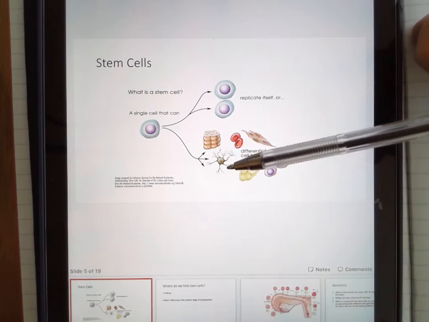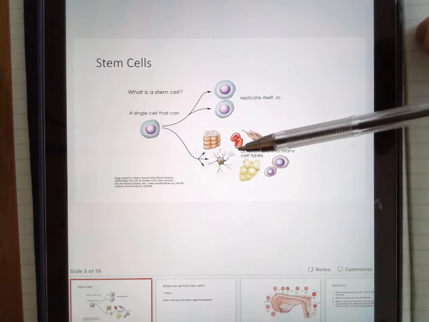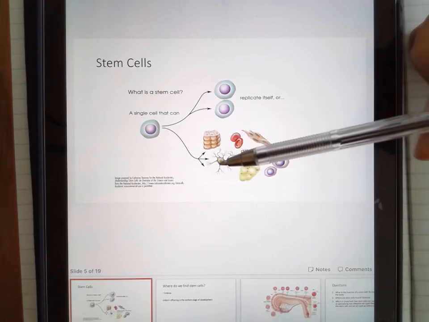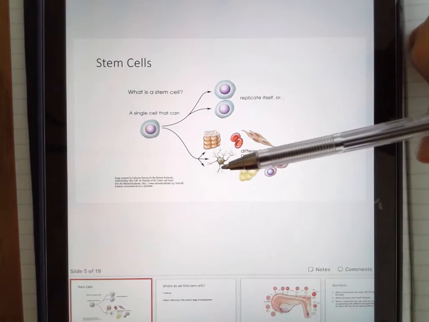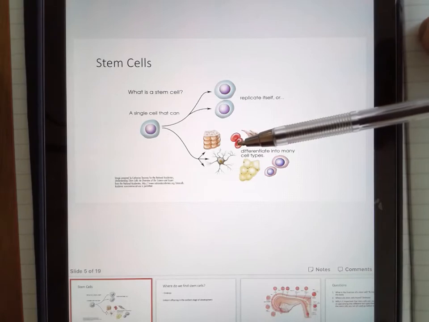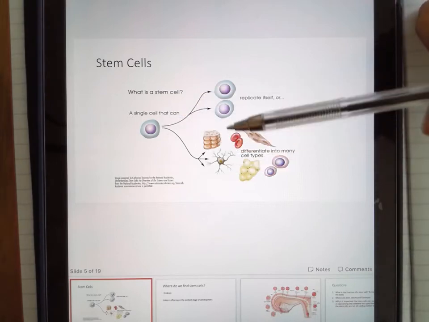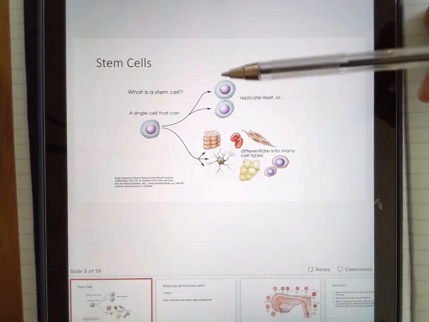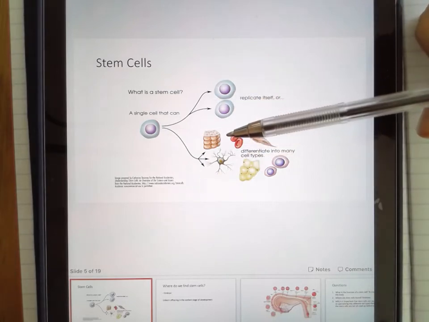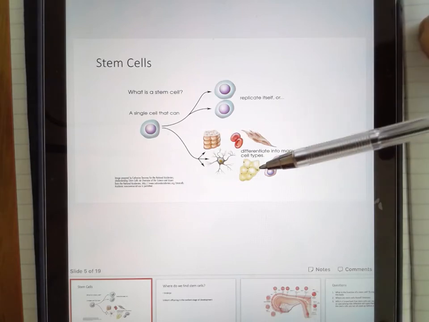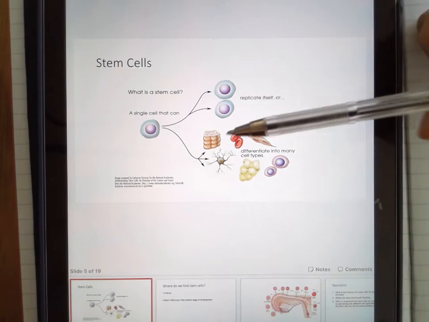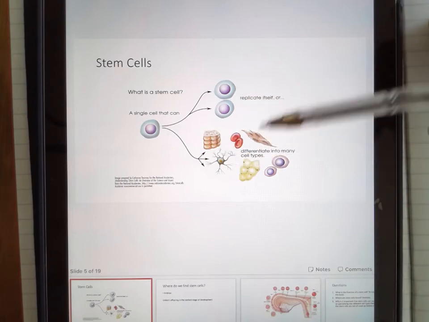Well then what about the red blood cells? You need red blood cells too. And if all of those stem cells decide to become nerve cells right at the start, then there's no stem cells left to make the red blood cells. So yes, it's important that they're making all of these new cell types, but if they can't divide and make more of themselves, then you're going to run out of stem cells before all of the other cell types are made. So it's really important that they can make more of themselves as well as making all of the other cell types.